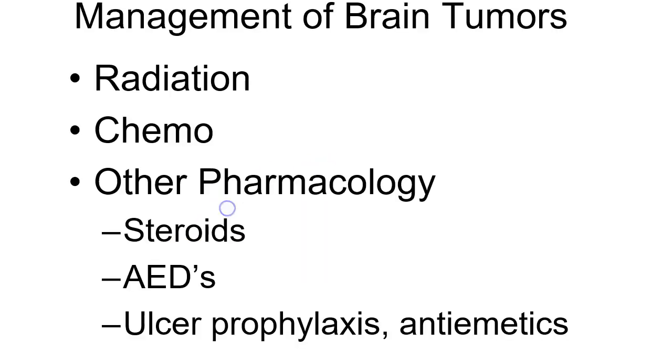The management of brain tumors, we're going to do radiation. We can do it by itself. We can do it in combination with chemotherapy. We can do it before and after surgery, before surgery to shrink a tumor, after surgery to remove any potential lingering cancer cells.